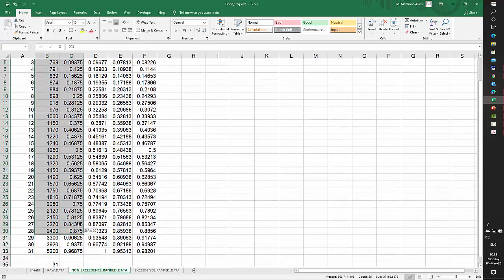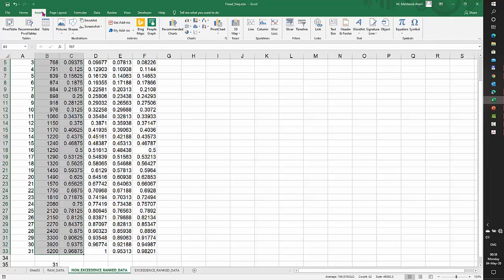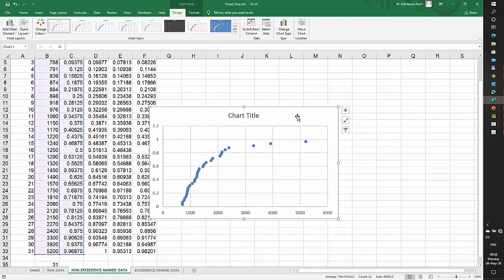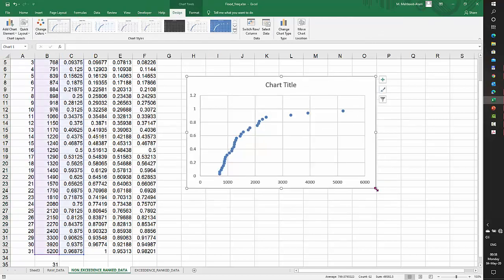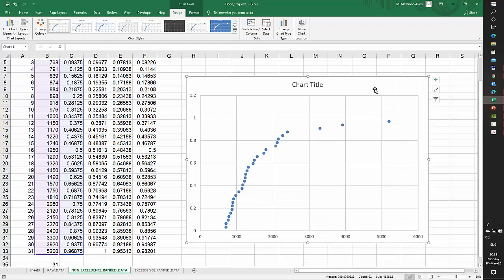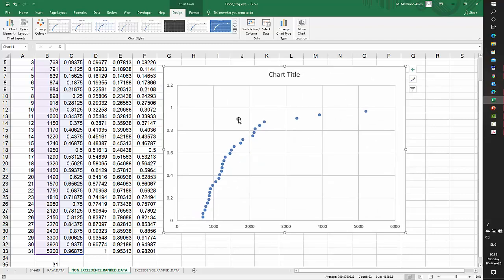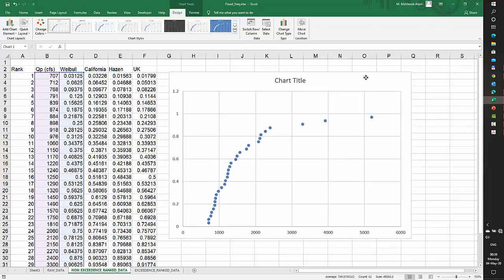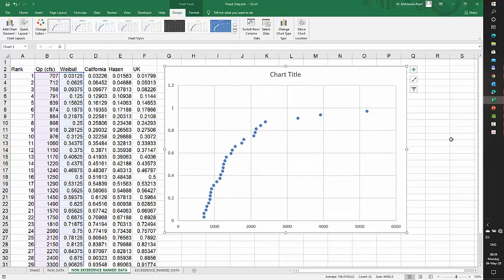So I simply plot these values again. On our x-axis I have the discharge values, and on the y-axis I have the probability values. Now what does this data tell us? Just look into it and see what it signifies.